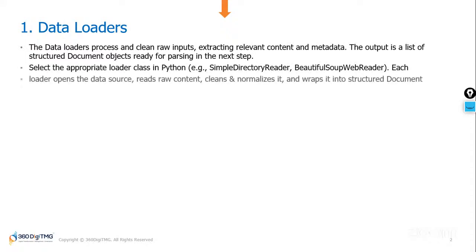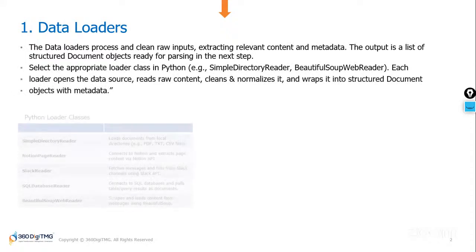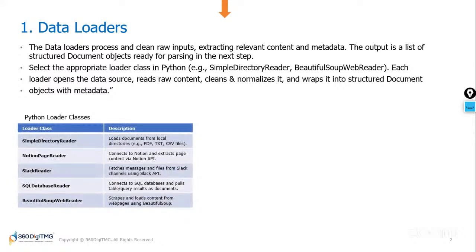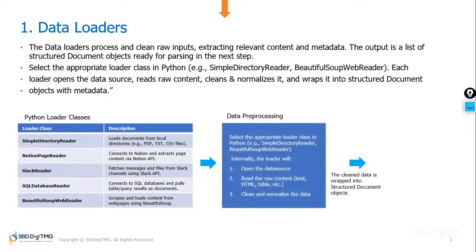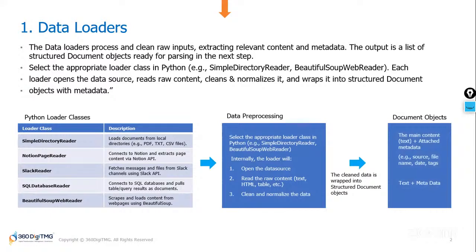Then what is the result? The result that we get will be neat document objects that contain the actual content along with helpful metadata, like where the data came from or when it was collected.